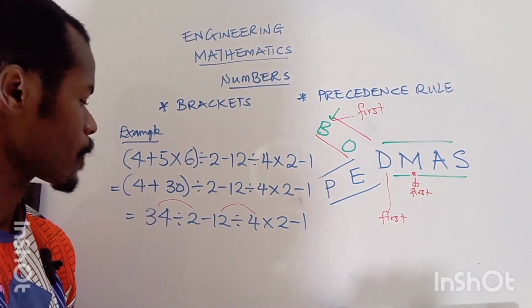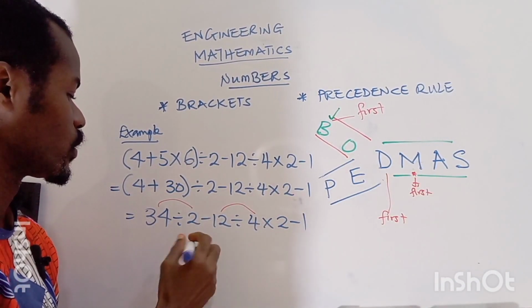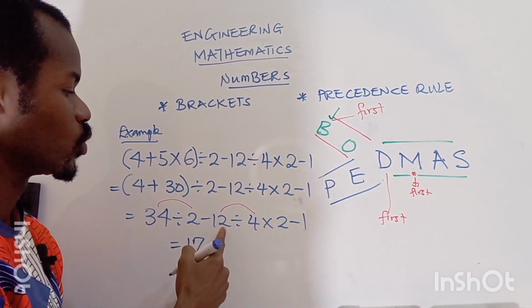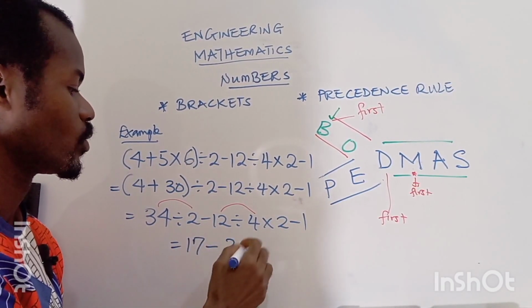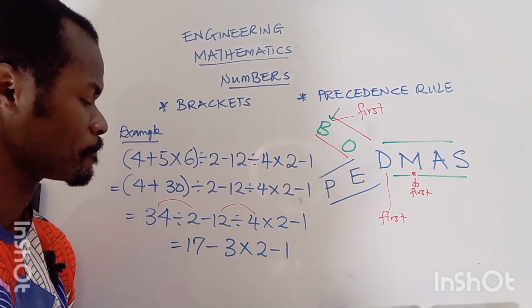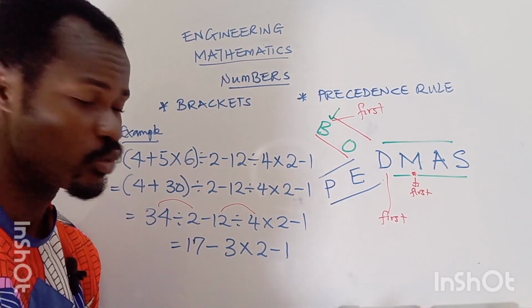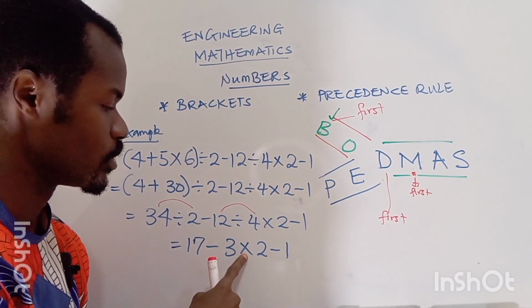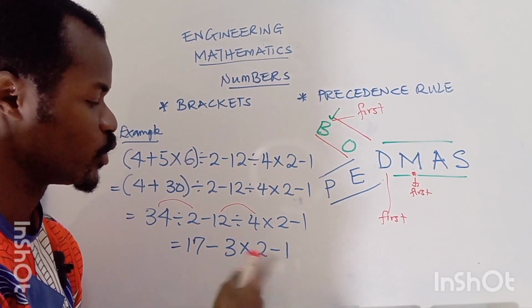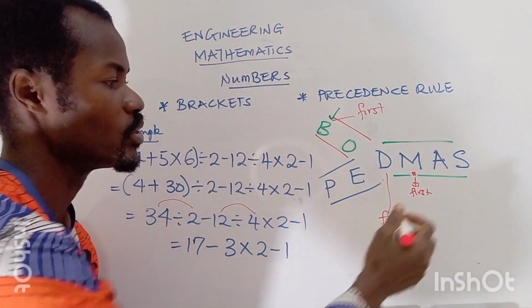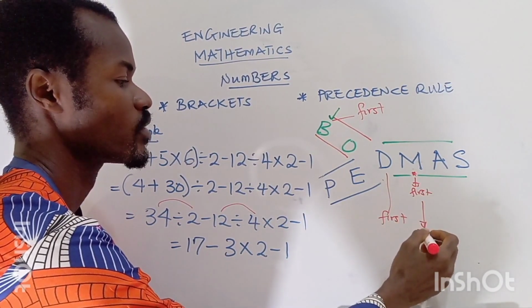So we have 34 divided by 2 is 17, minus 12 divided by 4 is 3. So we have times 2 minus 1. Now at this point, we also want to check from our precedence rule, we are left with minus, multiplication, and minus. What should we do first? Is it minus or multiplication? We want to still work on multiplication first.